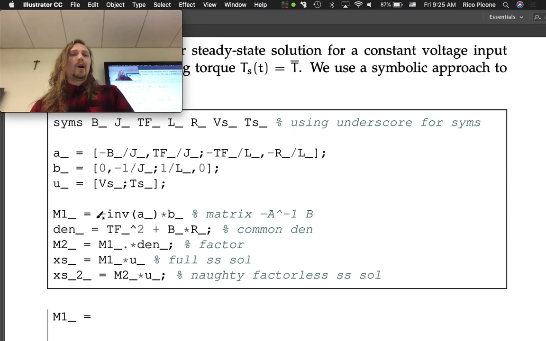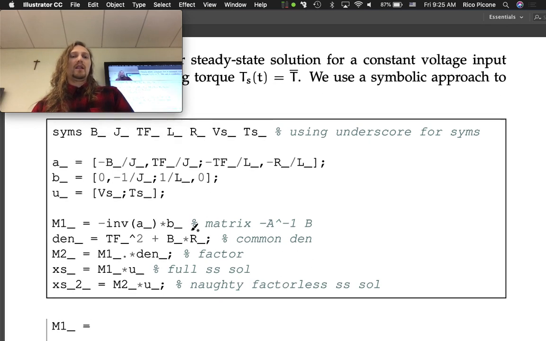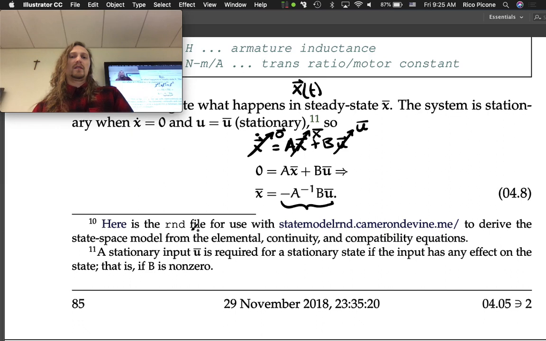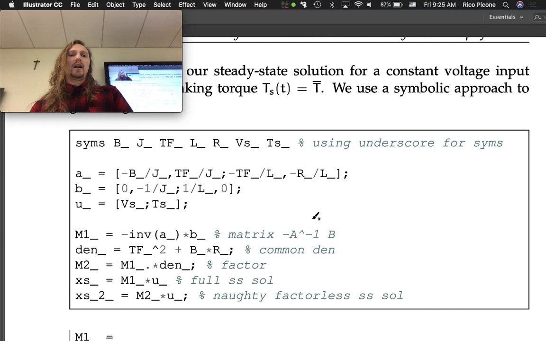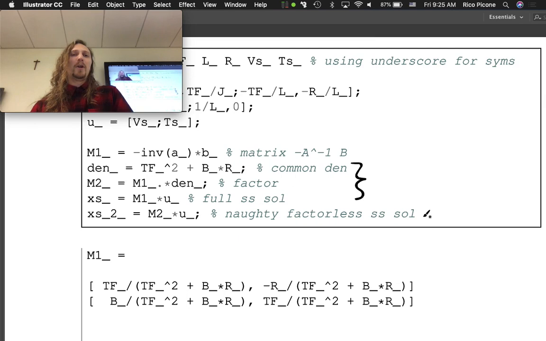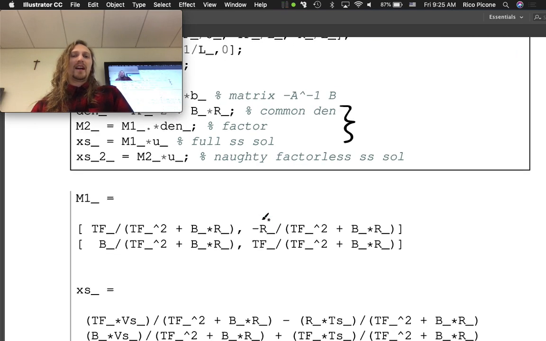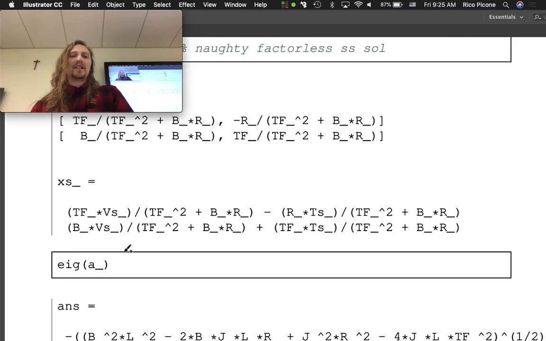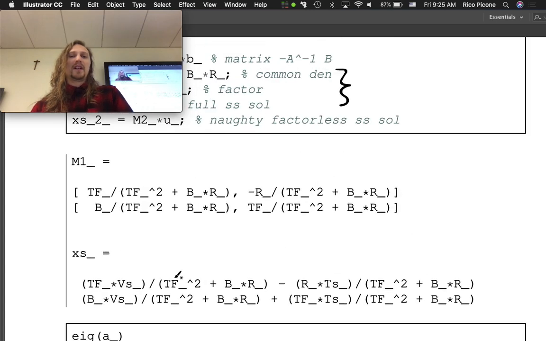So M1 is negative inverse A times B. And then this is just to make things look nicer. So I do M1 separately because I am about to show you guys the full solution, and it's kind of nasty.